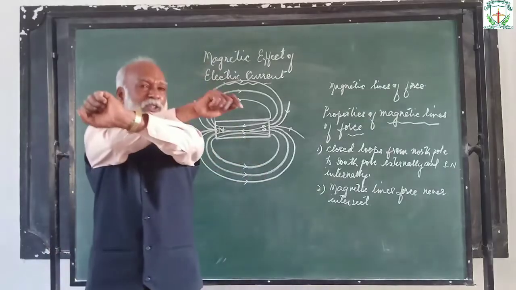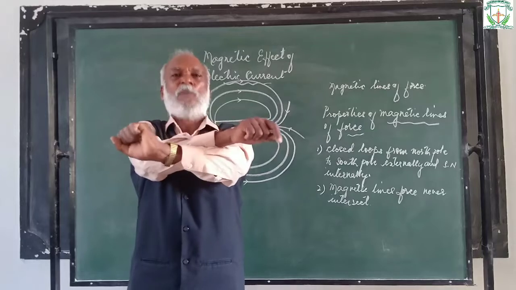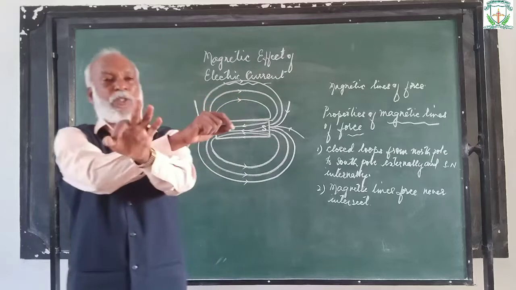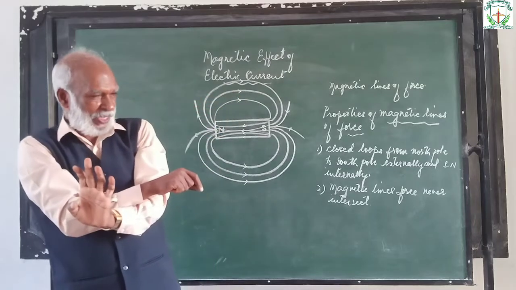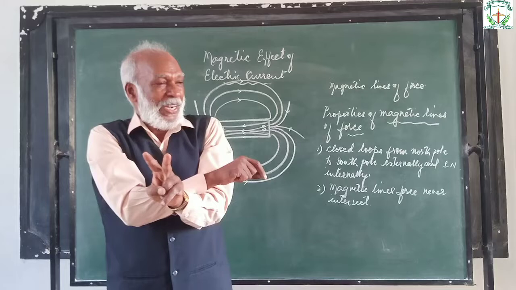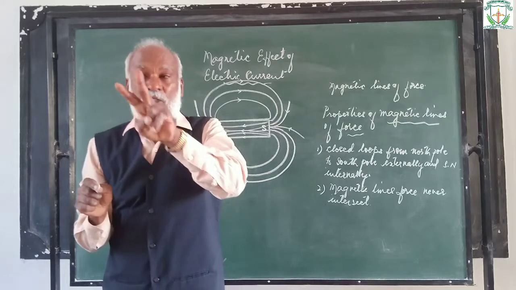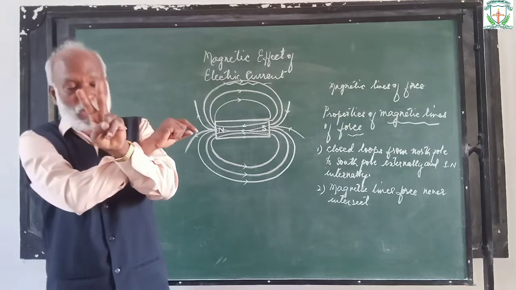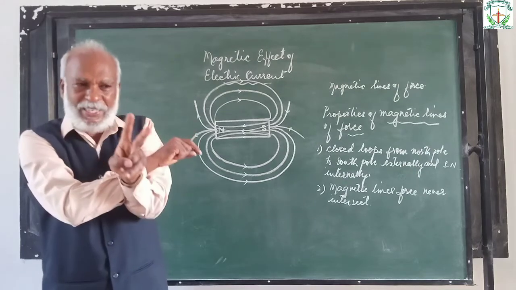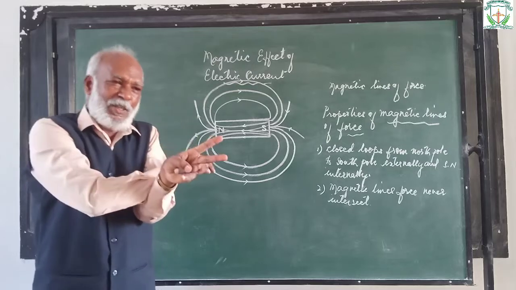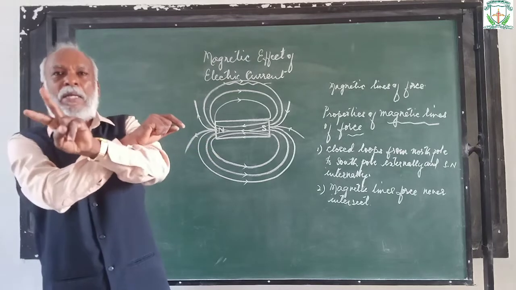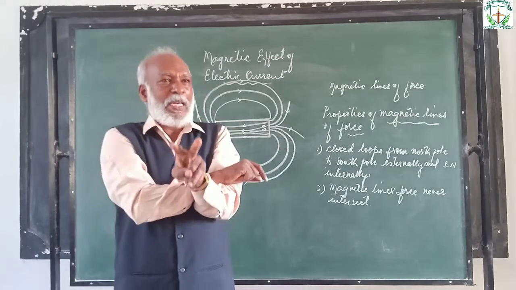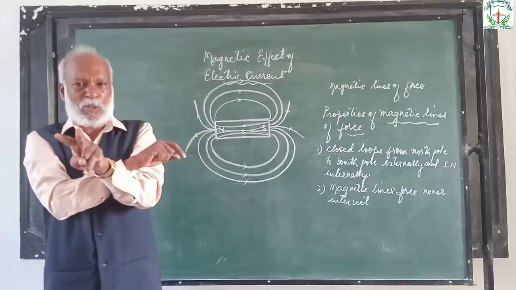If two magnetic lines of force intersect, assume that they are intersecting, then a magnetic needle placed at that point of intersection would need to align in two different directions, which is not possible. The needle aligns in only one direction.